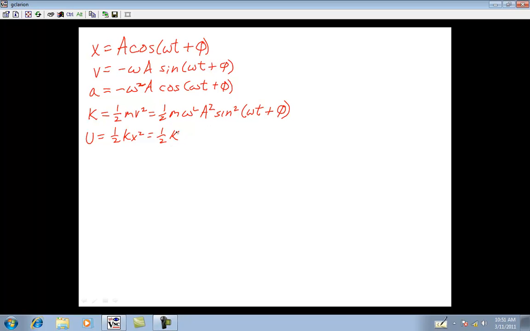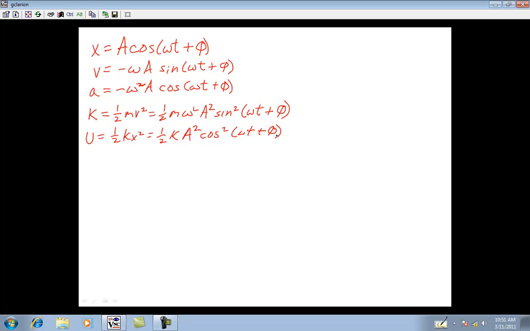So a squared cosine squared of omega t plus phi. Now, how do I get the mechanical energy if I know the kinetic energy and the potential energy? What's the mechanical energy equal to?